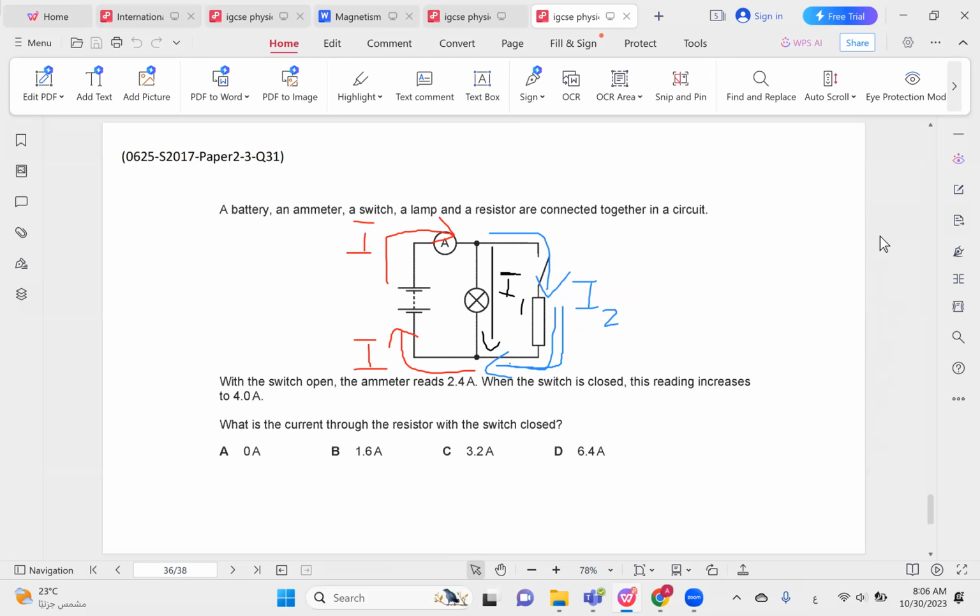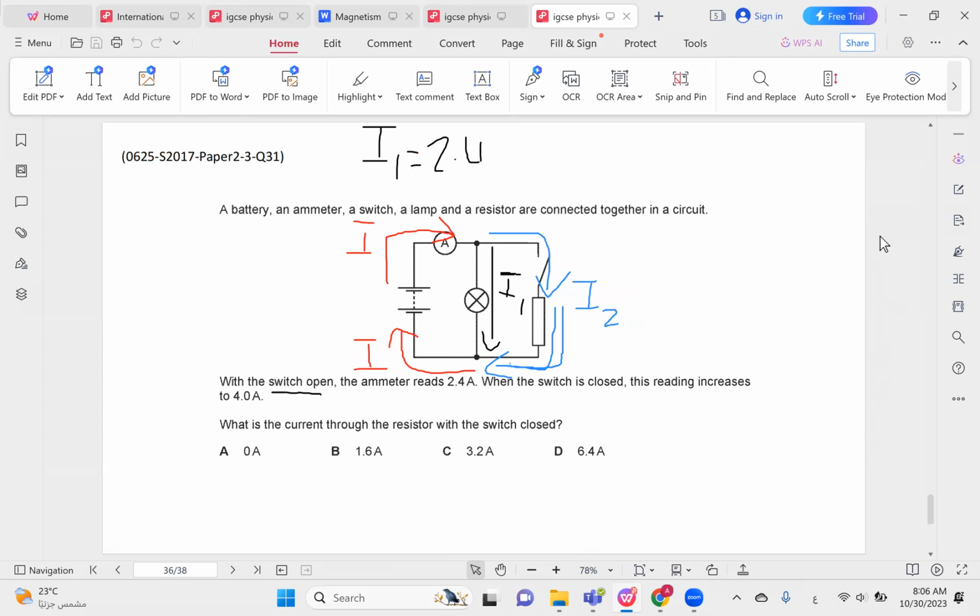And when the switch is open, that tells us that there is no I2. So when the switch is open, there is no current flowing through the resistor. The ammeter reads 2.4 amperes. So basically I1 equals 2.4 amperes.